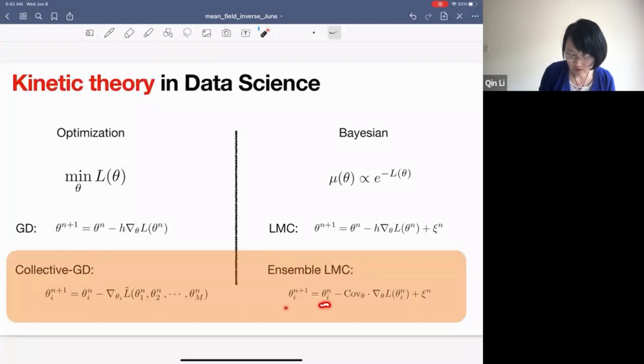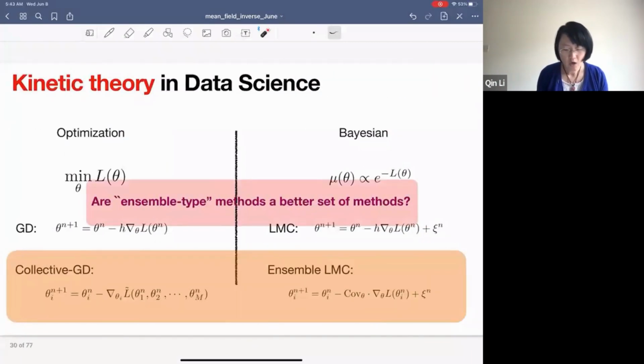You have a lot of samples evolving at the same time. Because of that, samples could talk to each other and share knowledge with each other. So there's a better chance that you can find your local minimum or target distribution in a faster way. Is this true?